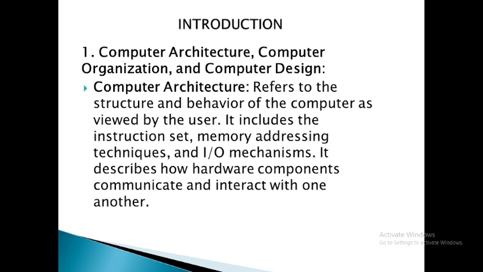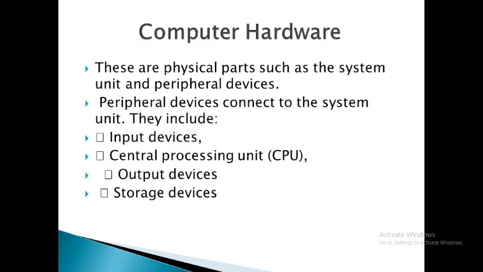Basically, computer hardware are physical parts such as the system unit and the peripheral devices. The system unit refers to that box, the box that houses the hardware systems inside, the wires, the ports, among others.